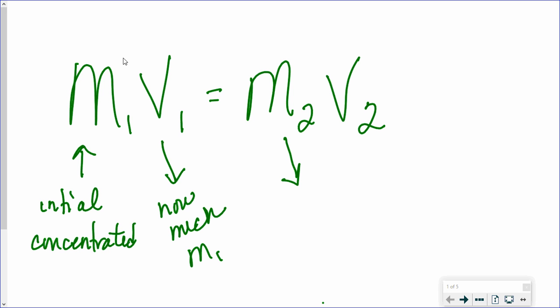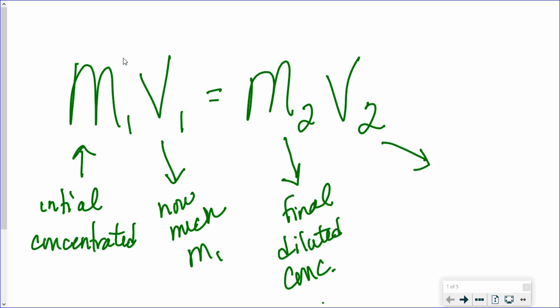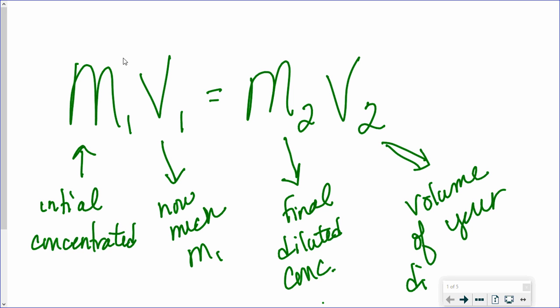Now this M2 is your final or your diluted concentration. And V2 is the volume of your diluted sample. So just keep that in mind and let's work out some problems.